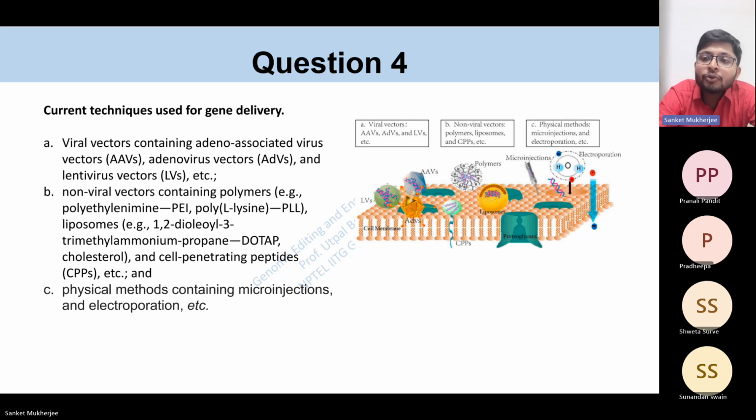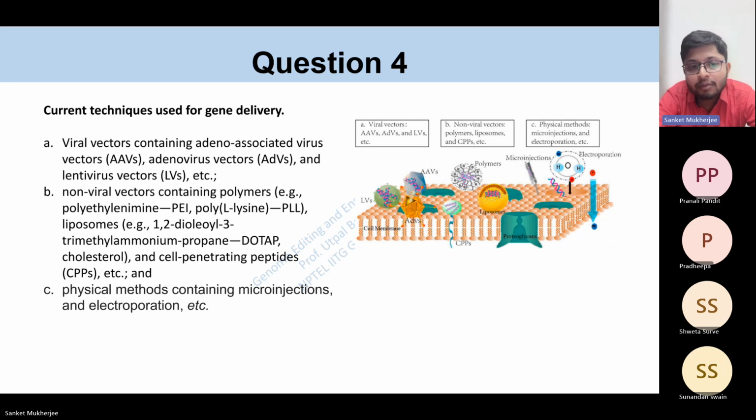So that is how you deliver genes, and these genes are then transcribed and translated in the host wherever you are delivering them. There could be non-viral vectors, so they could be polymers like polyethylenimine or poly-L-lysine, or liposomes also, cell-penetrating peptides.